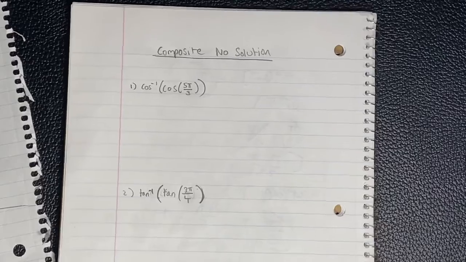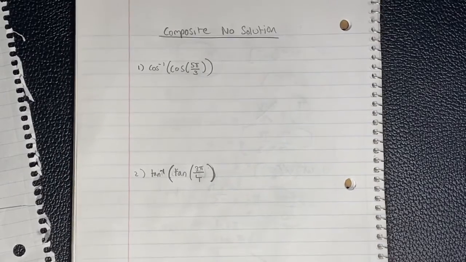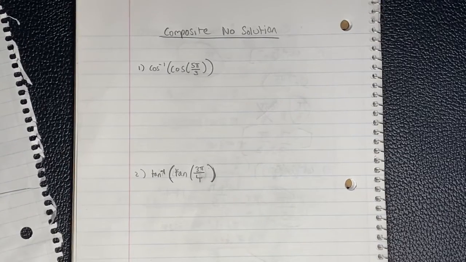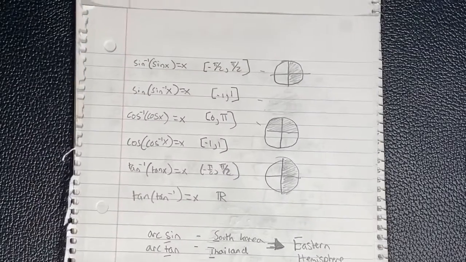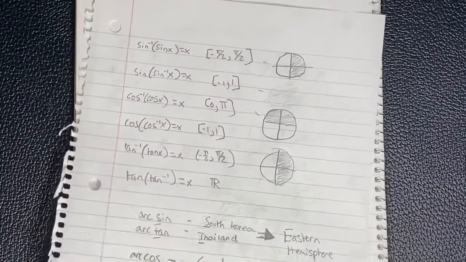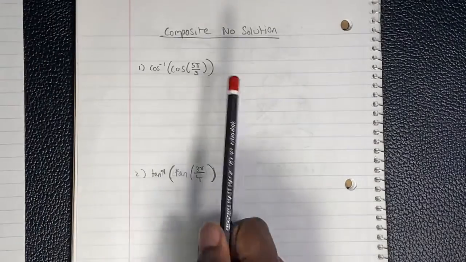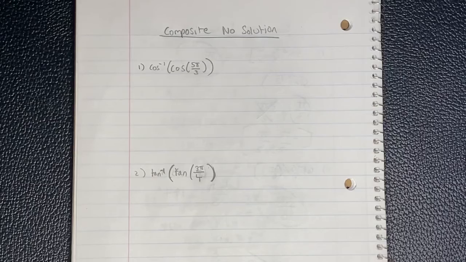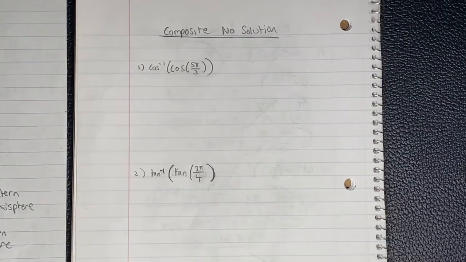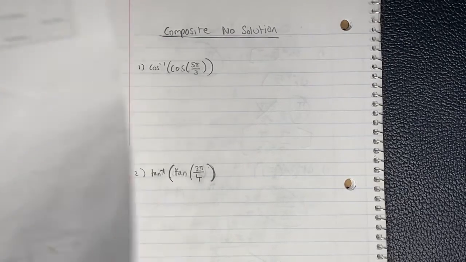So for composites with no solution, you gotta be very careful of your restrictions and your ranges of where your inverses are. So make sure you know this. Okay, so I'm gonna do it the long way just to show each step of it and that no solutions are actually no solutions. Okay, so inverse cosine of cosine 5 pi over 3.